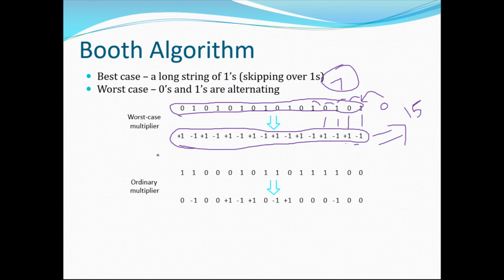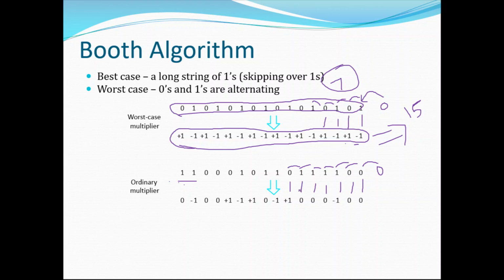This is an ordinary case where there are no consecutive ones, just ones at some random positions. The logic is the same: add a 0 at the rightmost, 0 0 is 0, 0 0 is 0, 0 1 minus 1, 1 1 is 0, 1 1 is 0, 1 0 plus 1, like that.